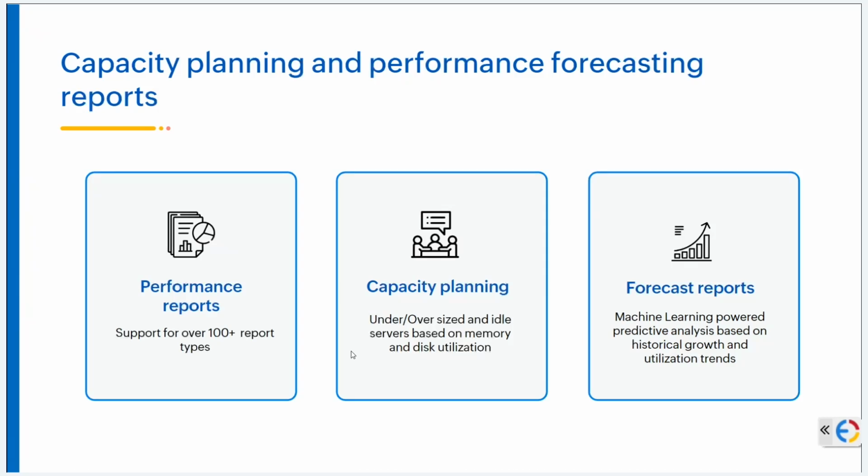And also you can optimize the resource utilization within your IT infrastructure by identifying underutilized, overutilized, and oversized idle servers with the capacity planning reports. With the forecast reports, you can predict the usage and growth of your resources by using AI-based technology.